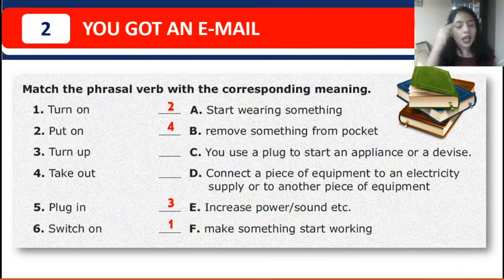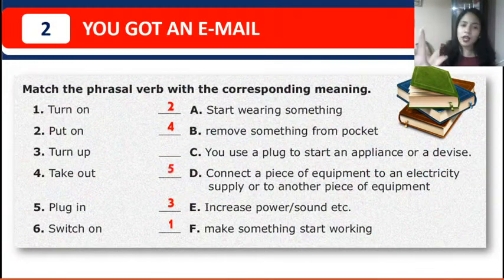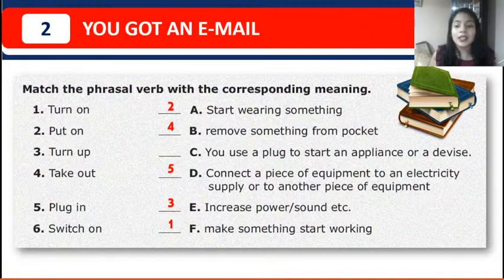So here we have then number 5. What about number 5, guys? Then you have plug in, please. Number 5 is plug in. Excellent, right? Very good. Number 5 is letter D. Connect a piece of equipment to an electricity supply or to another piece of equipment, right?